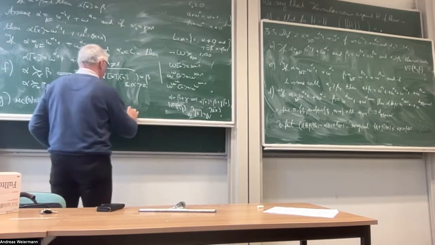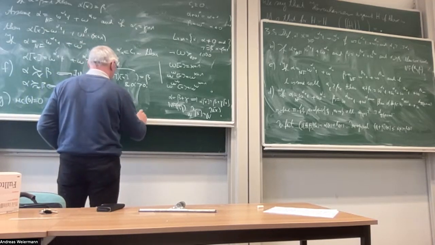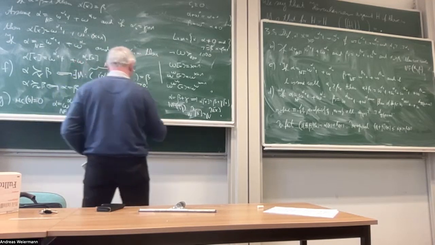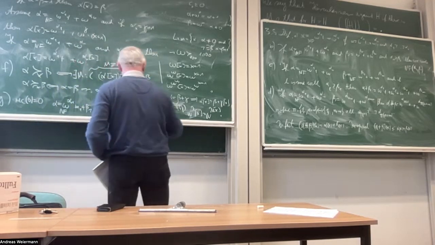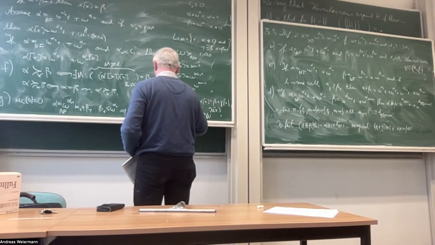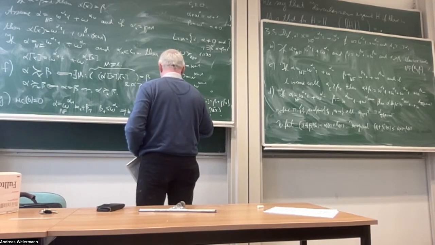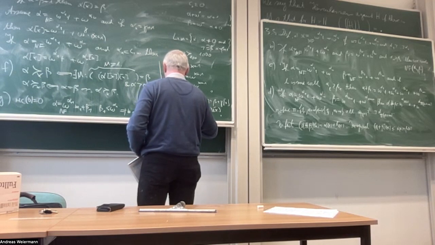Then the maximal coefficient of alpha is the maximum taken over m1, the maximal coefficient of alpha 1, the maximum coefficient of beta 1.